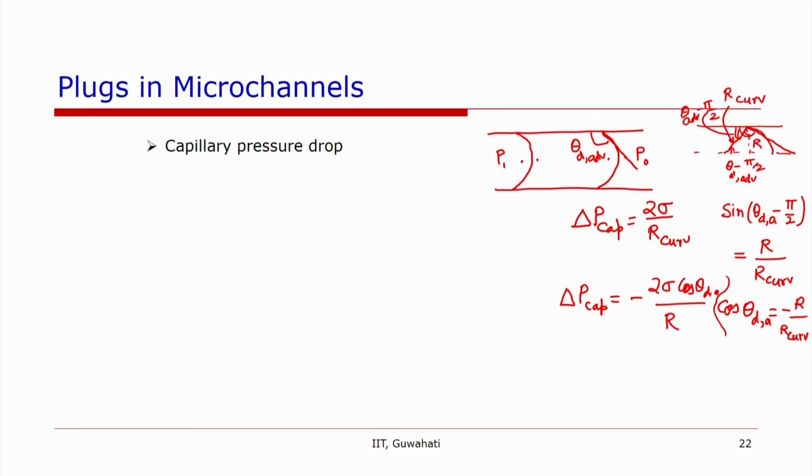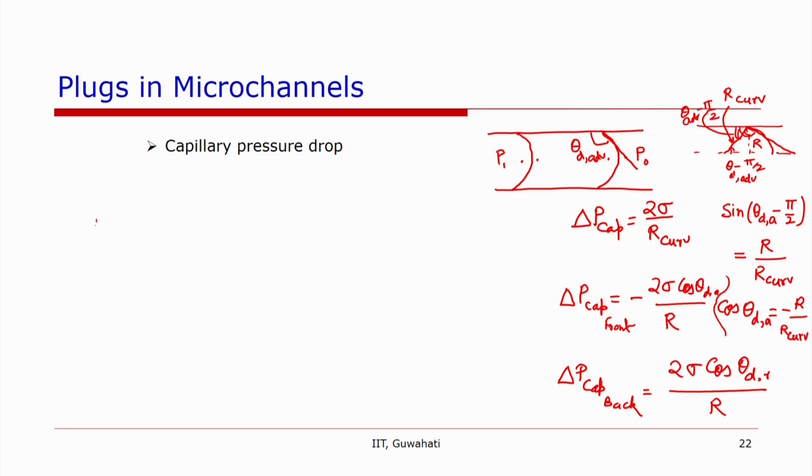Similarly, so that is at the front, and the similar expression can be written for the back. So one can have that delta p cap at the back of the plug is equal to 2 sigma cos theta d receding divided by r, and the minus sign will be because of the concavity.